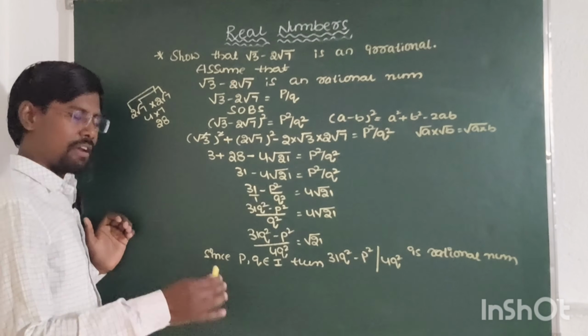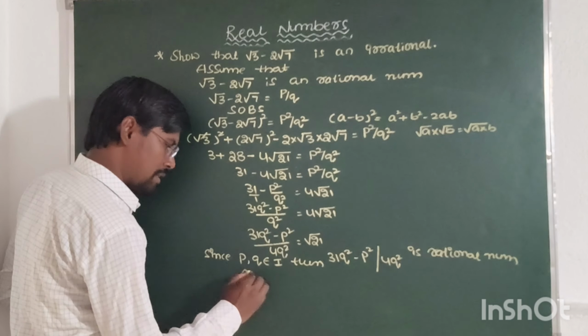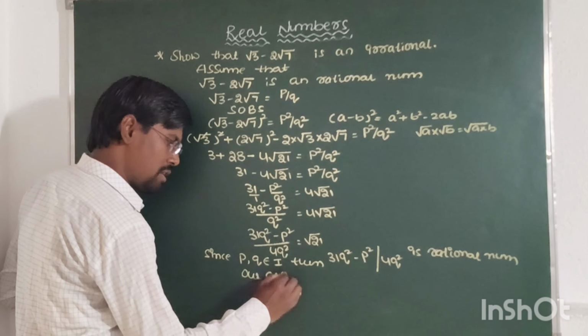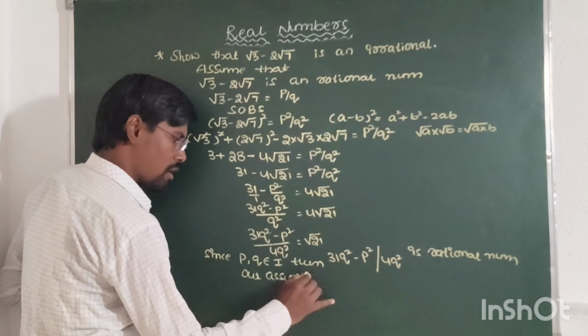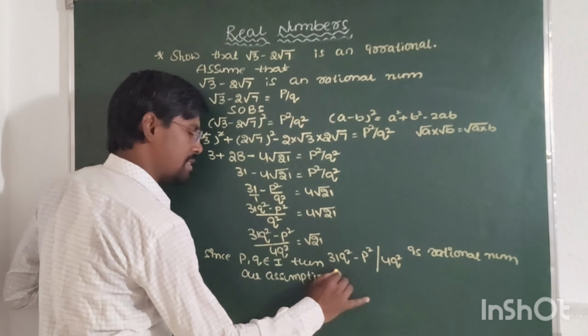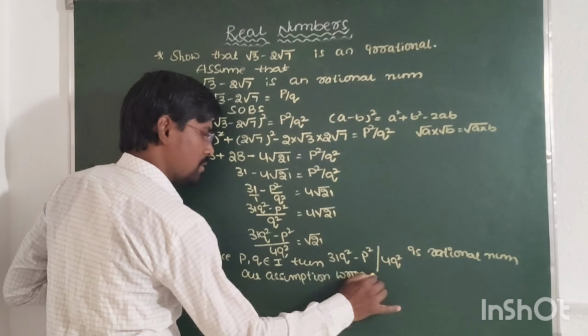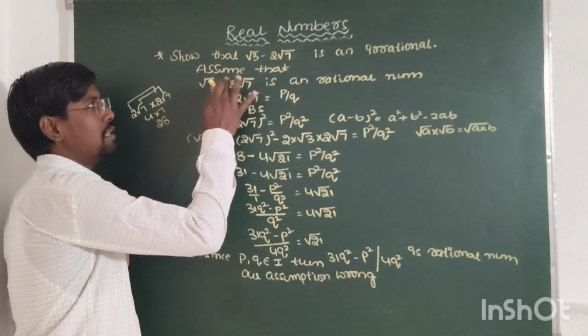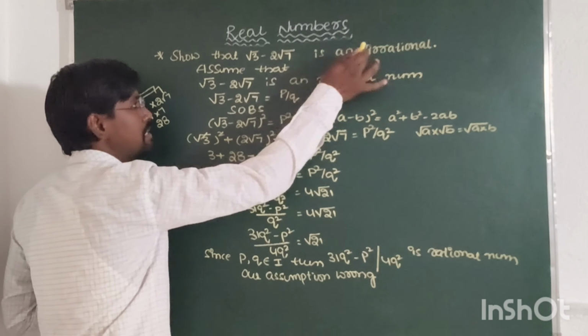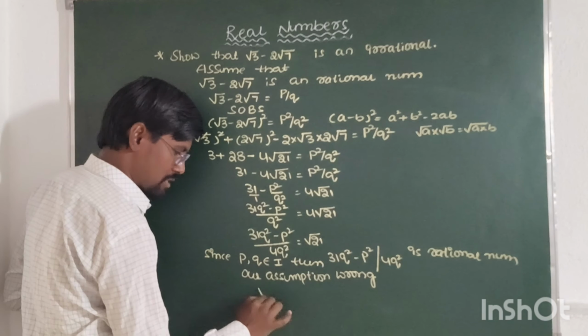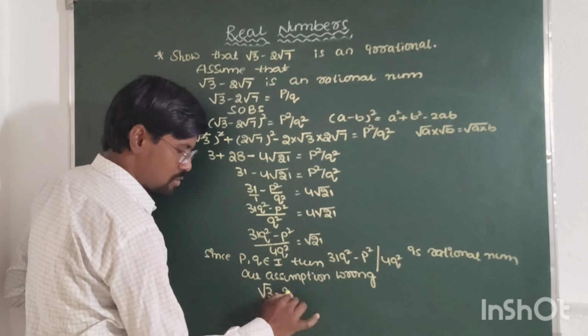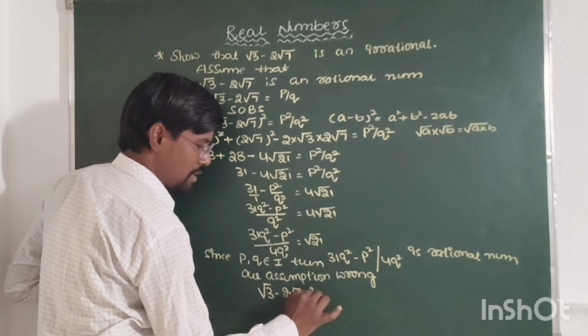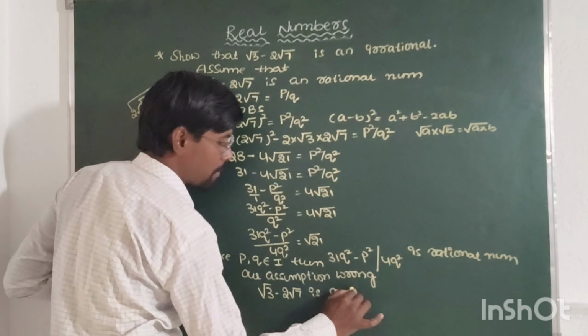It means our assumption is wrong. Therefore, our assumption is wrong. Then which one is correct? Automatically, what was given, root 3 minus 2 root 7 is irrational, that statement is correct. Root 3 minus 2 root 7 is an irrational number.